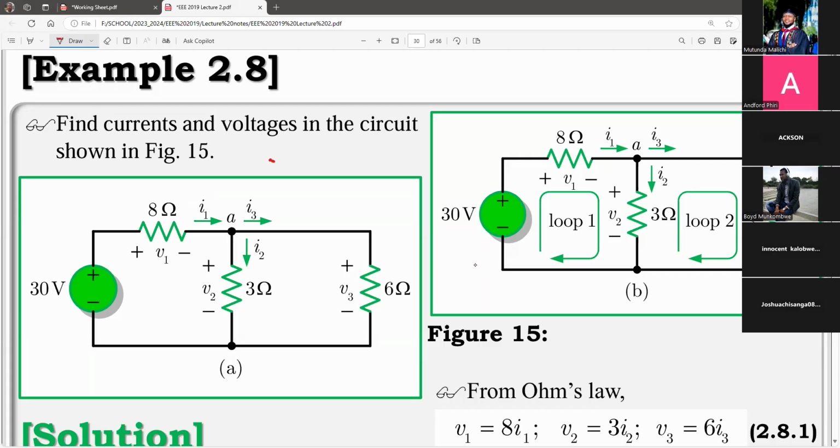If we look at this circuit, the currents have already been assigned to us: I1, I2, I3. The voltages are also V1, V2, V3.